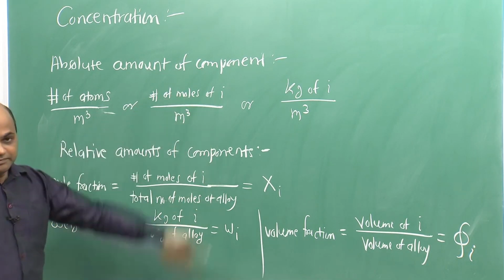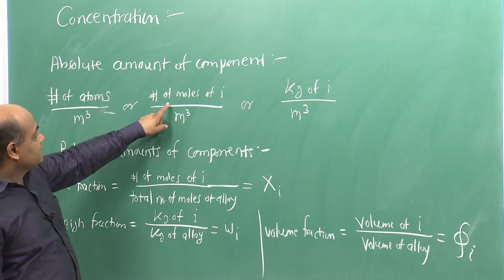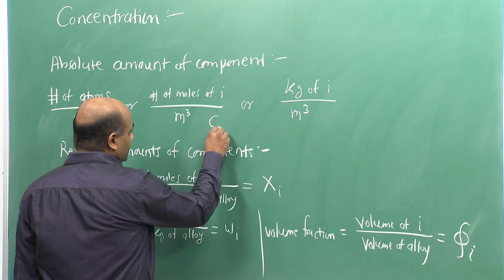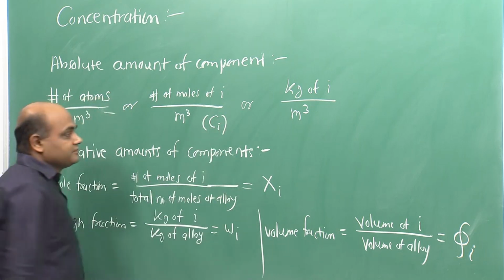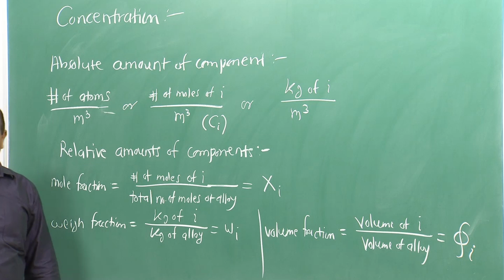So, we will most of the time use the unit for concentration as number of moles of i per meter cube. It is denoted usually as Ci, or in terms of fractions we will most of the time use mole fraction Xi.